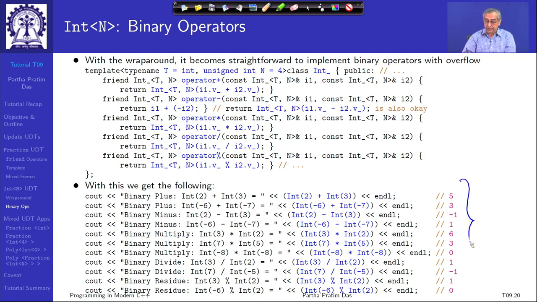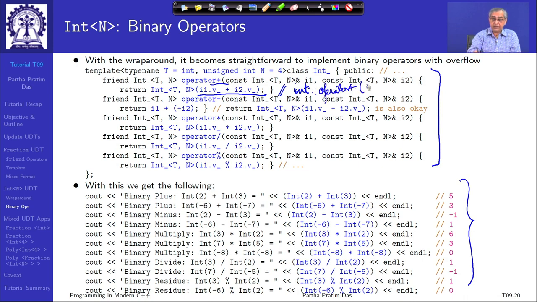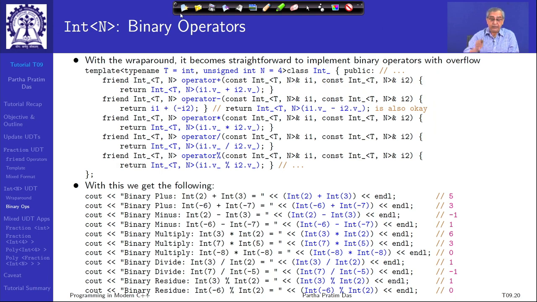You can see several examples worked out here. So, if you have to do operator plus, you take the component values and add them according to the operator plus of int. That is all that you do.